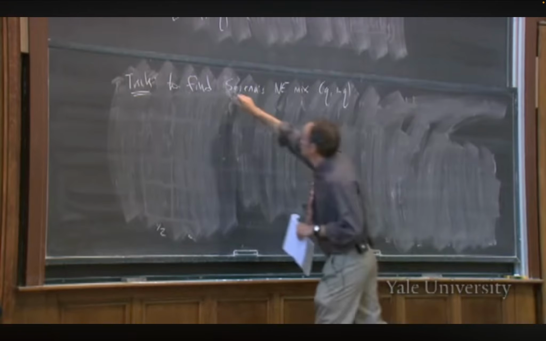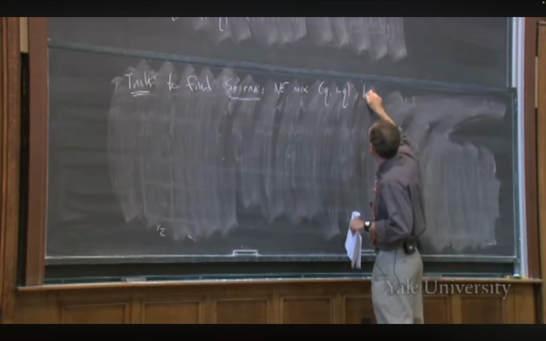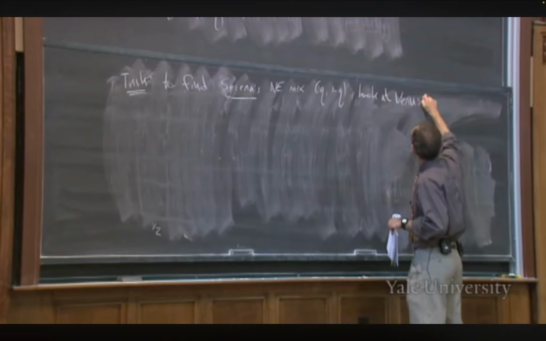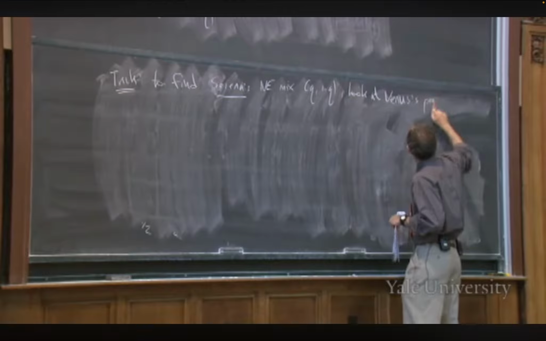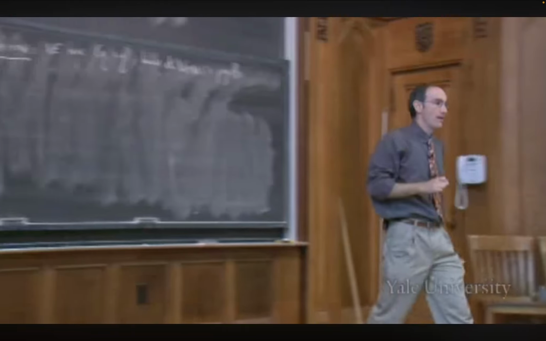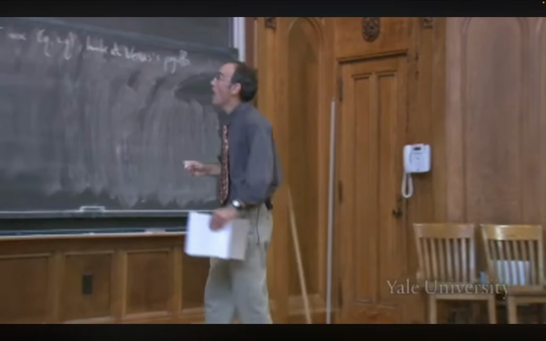So to find Serena's Nash equilibrium mix, the trick is to look at Venus's payoffs. That's going to be my magic trick. All right, let's try and see why.